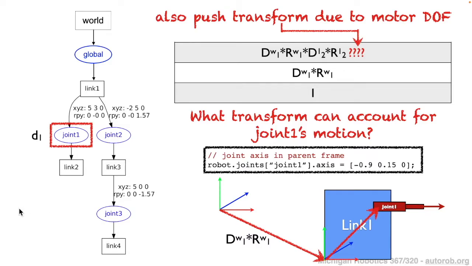In the case of prismatic motion, we can consider that to be an additional translation that needs to be accounted for, because when joint 1 exerts some prismatic action, the remaining portion of the kinematic tree can be thought of as being translated with respect to joint 1.